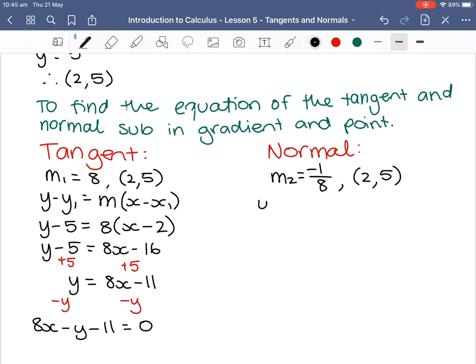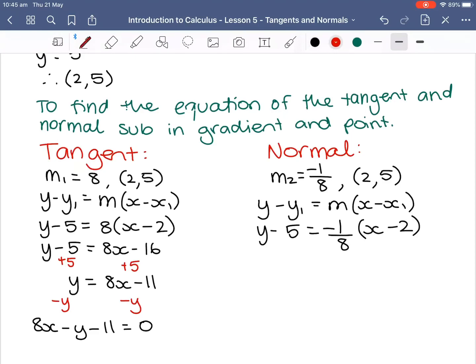And then to find our equation of our normal, we sub our m2 equals negative 1 on 8 and our point (2, 5) into y minus y1 equals m bracket x minus x1. So we get y minus 5 equals negative 1 on 8 bracket x minus 2. So we're going to multiply both sides by the 8.